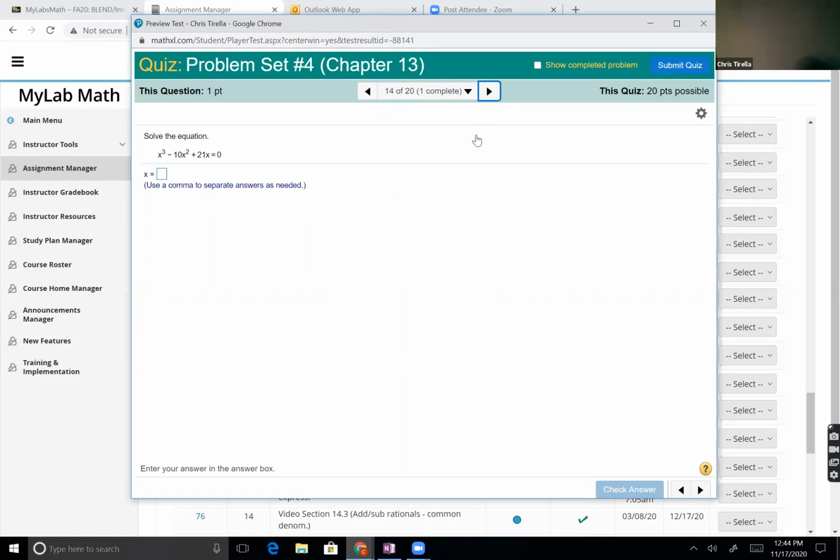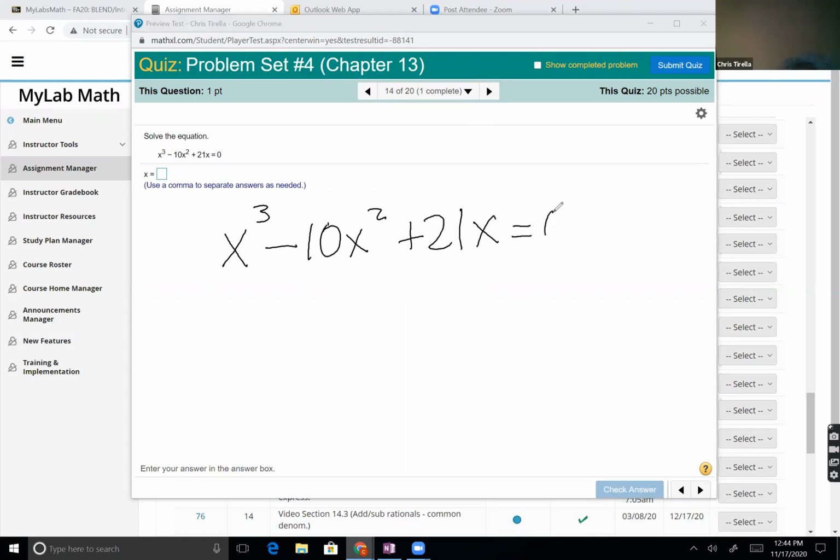Ooh, now this one I think is pretty much like one of the equations we did already. We've got x to the third from the homework minus 10x squared plus 21x equals 0. One side is 0, so I have to factor anything in common. x. Beautiful. When I take that out, I'm left with x squared minus 10x plus 21.